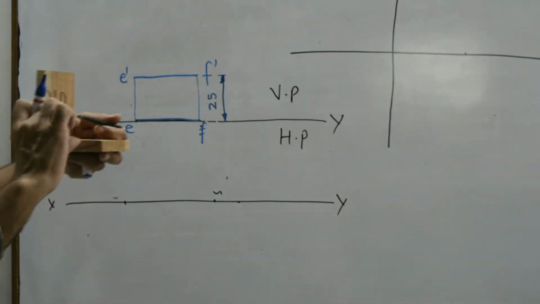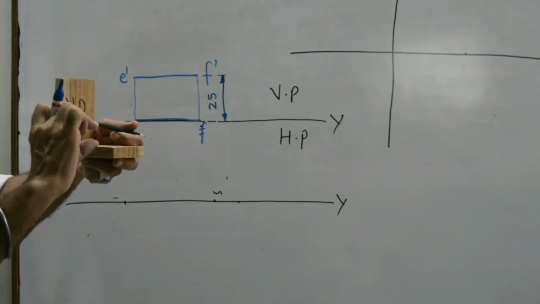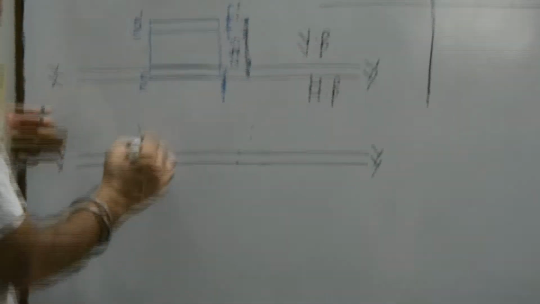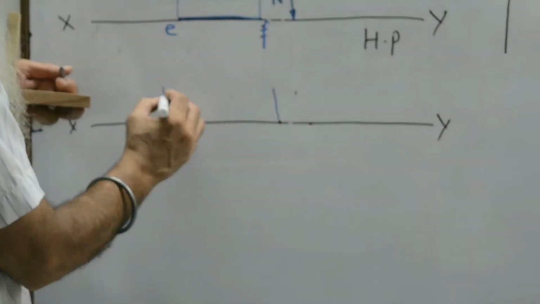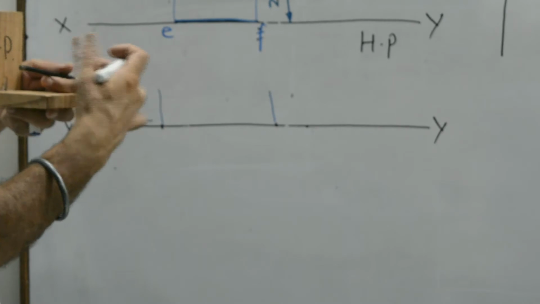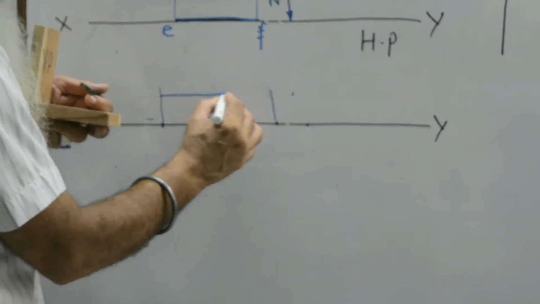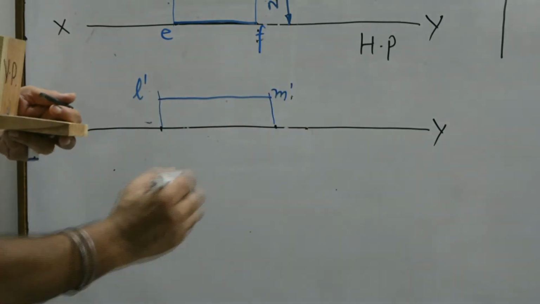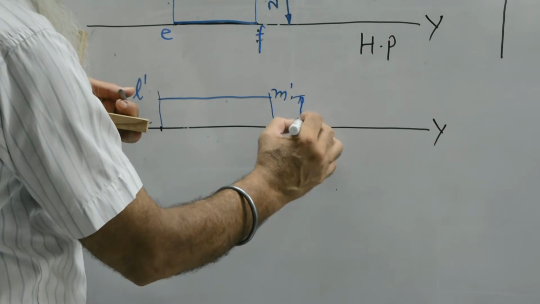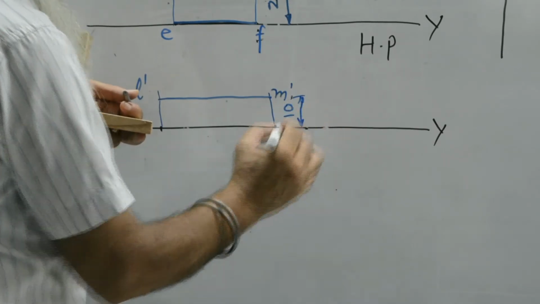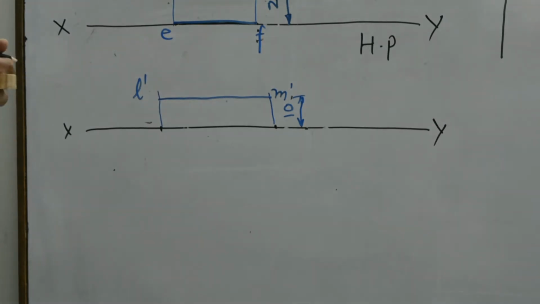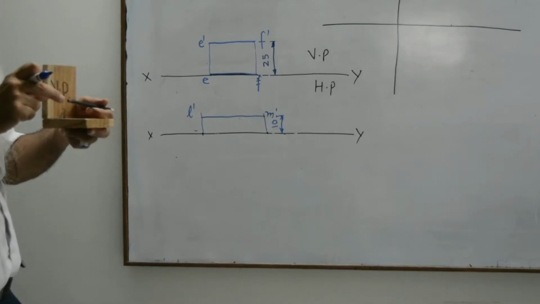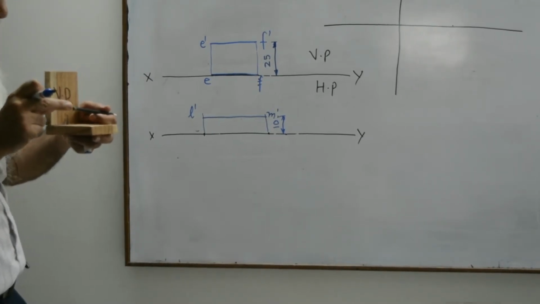In this case, the line is 10 millimeters above the horizontal plane. So you mark this distance as 10 millimeters, and whatever the length is, you mark this length. This is the line L dash M dash, 10 millimeters above the horizontal plane. Its front view is like this. Then you see from the top view, the line's distance in front of the vertical plane is 40 millimeters.